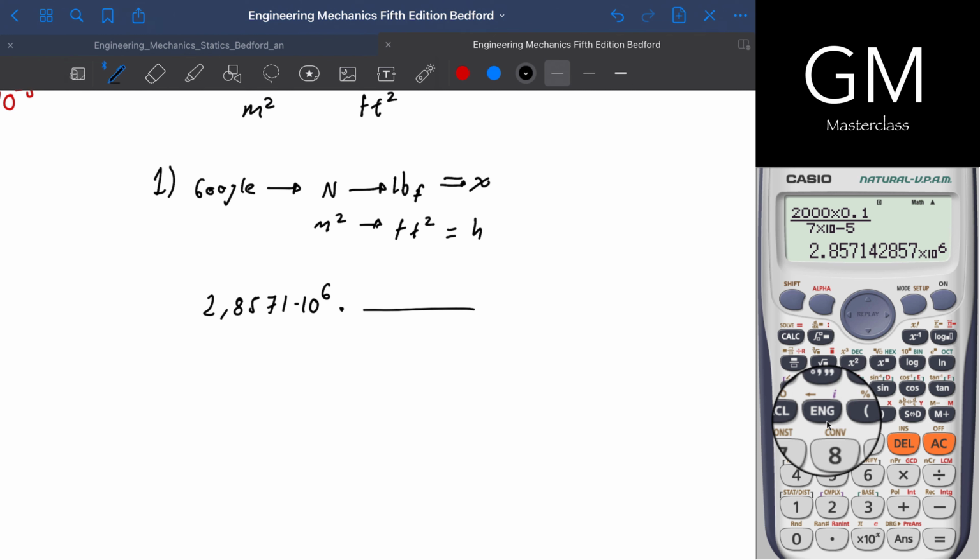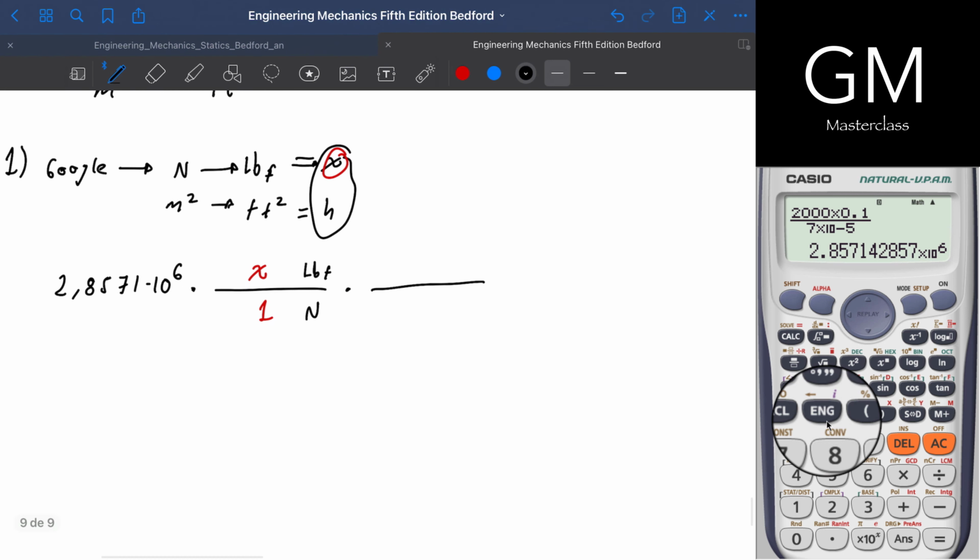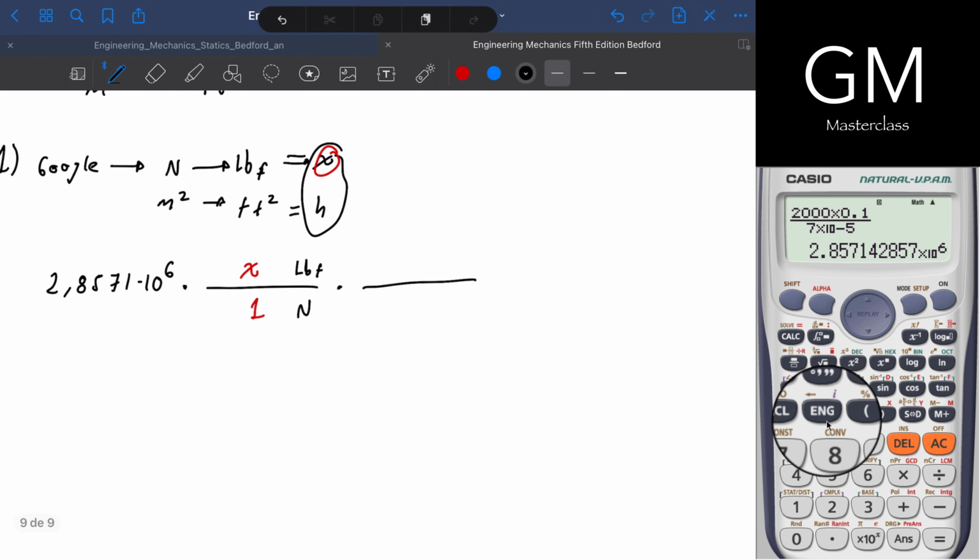Then using this information, I'm going to write down here newtons into force pounds and find the equivalence between those two, which is this one. Maybe, I don't know, 1 Newton is equal to X amount of force pound. And the same thing goes for the second part, which is square meters and square feet.